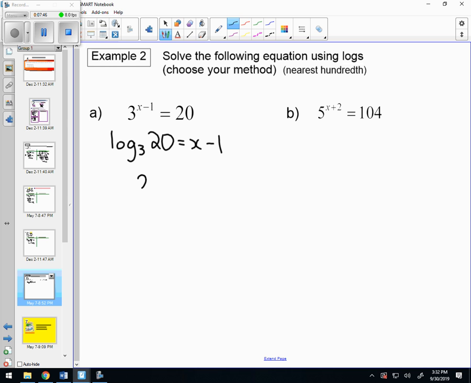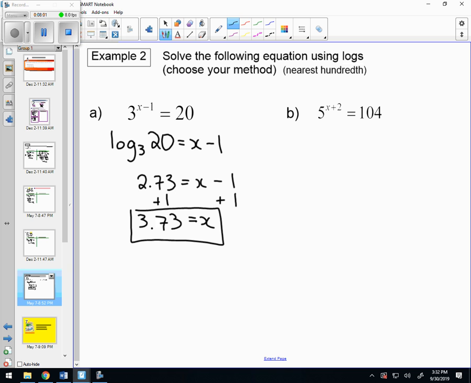So that's 2.73. So we get 2.73 equals x minus 1. And now we have to add 1 to both sides. And we get x to be equal to 3.73. So just that extra step of adding 1 or doing whatever opposite operation you have to do.